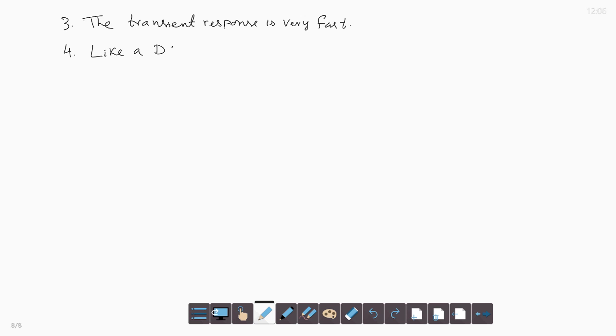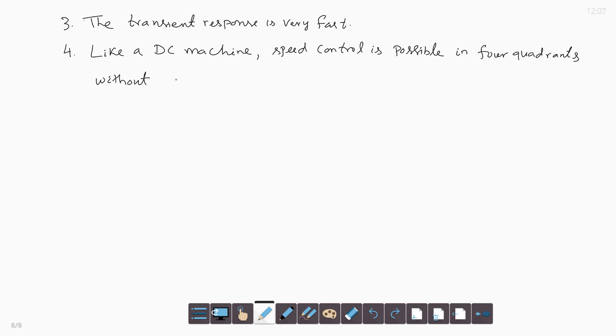Like a DC machine, speed control is possible in 4 quadrants without any additional control element, like phase sequence reversing.